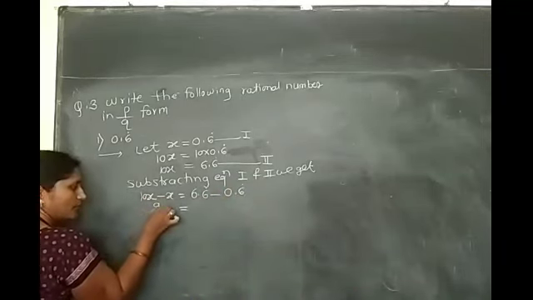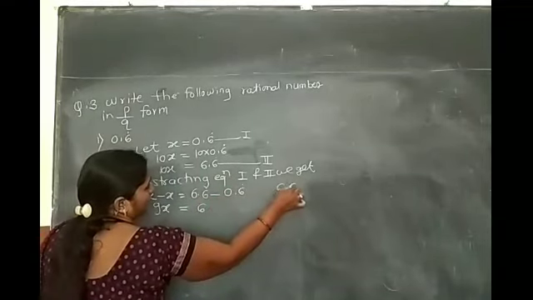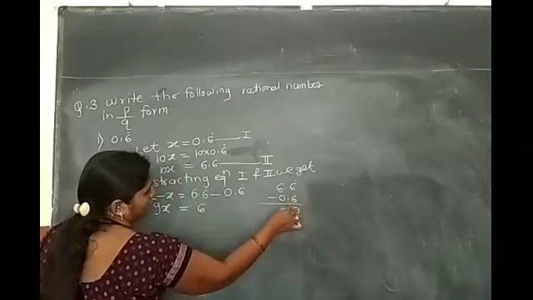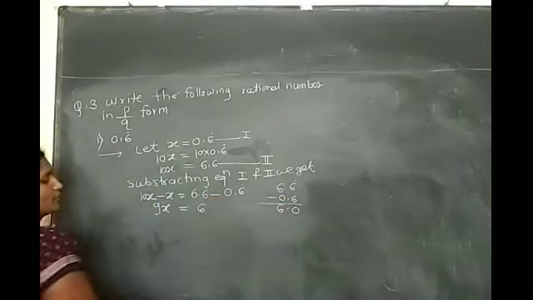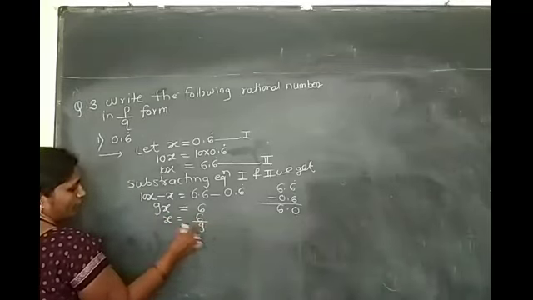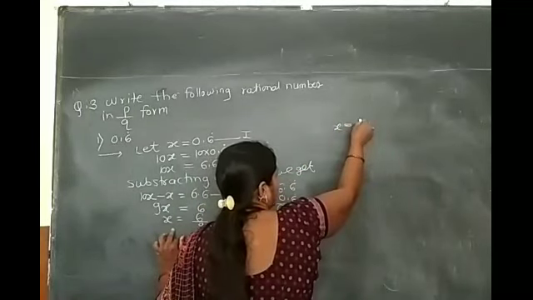Here the subtraction is 9x, here 6. 6.6 recurring minus 0.6 recurring: there is 0, here 6. 6.0 means 6. Multiply 9 goes to the divider. Therefore, x is equal to 6 upon 9.